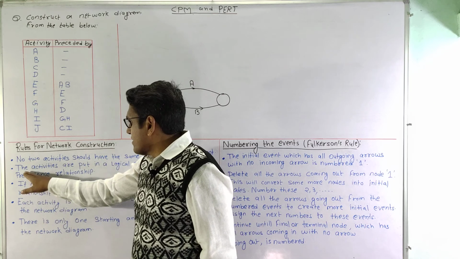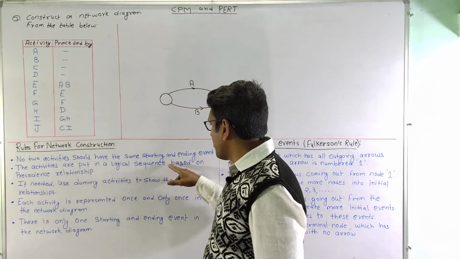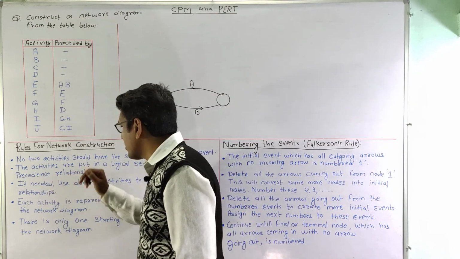Now the second rule says that the activities are put in a logical sequence based on the precedence relationship.